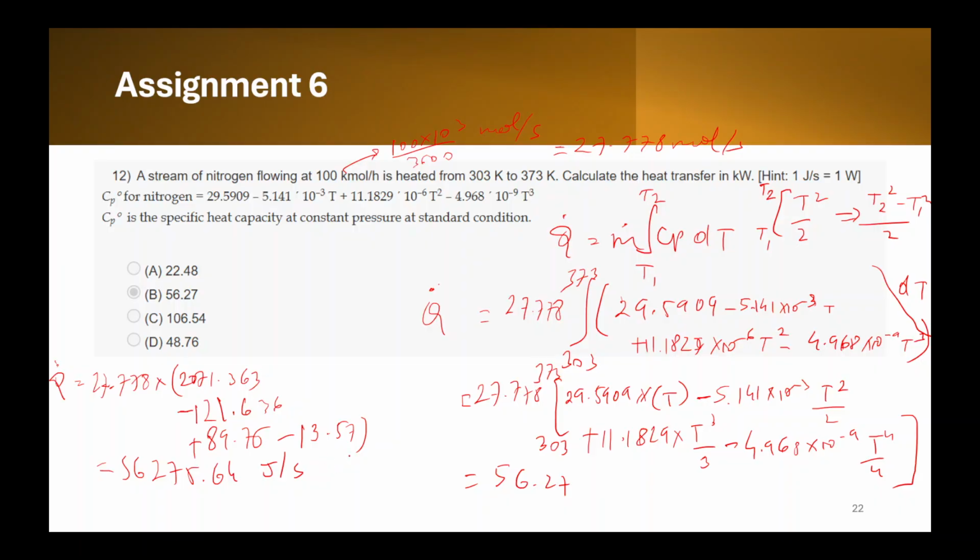You want it in kilowatts or kilojoule per second basically, so that will be 56.27 kilojoule per second or 56.27 kilowatts.